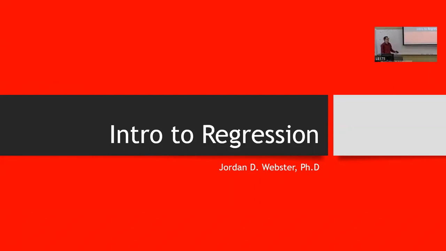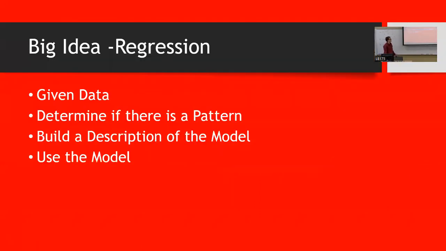Chapter 8 is about regression. Regression is another way to do modeling. Basically, we're going to do modeling via data. So instead of saying, well, this situation has to work this way, and therefore I can build a model of it, we're going to look at some data, determine if there looks like a pattern in this data, and then build a description of the model.